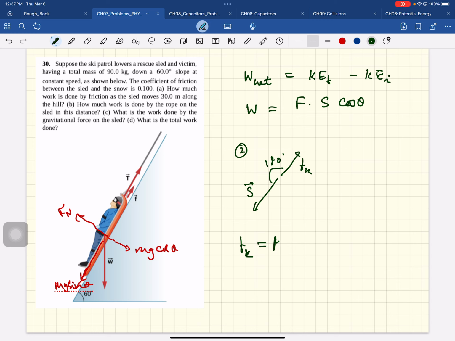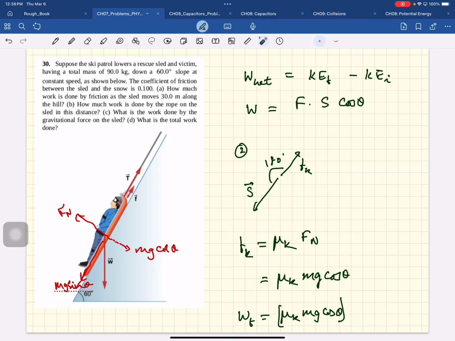Friction force is mu k times the normal force, and the normal force is equal to mg cosine theta. So the work done by friction force is mu k times mg cosine theta times distance s times cosine phi.